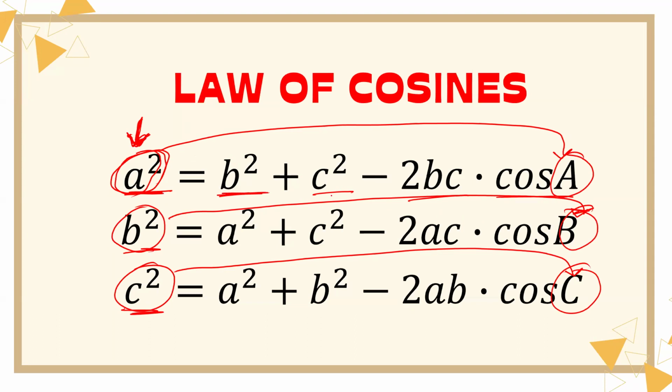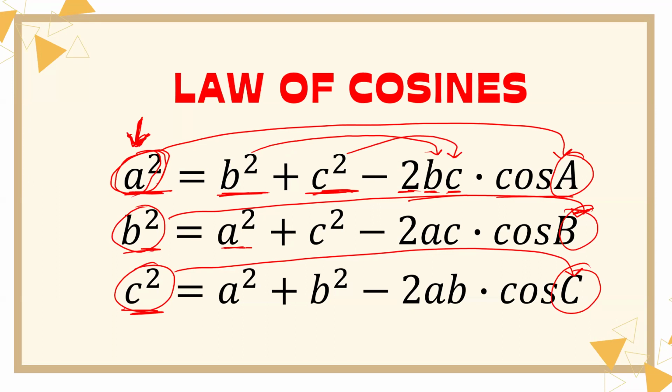So you add the squares of the other two sides and subtract 2 multiplied by those corresponding sides. So for example, you have a squared equals b squared plus c squared. Then you expect that b will be multiplied by 2 as well as c. So you have minus 2bc as your second term.